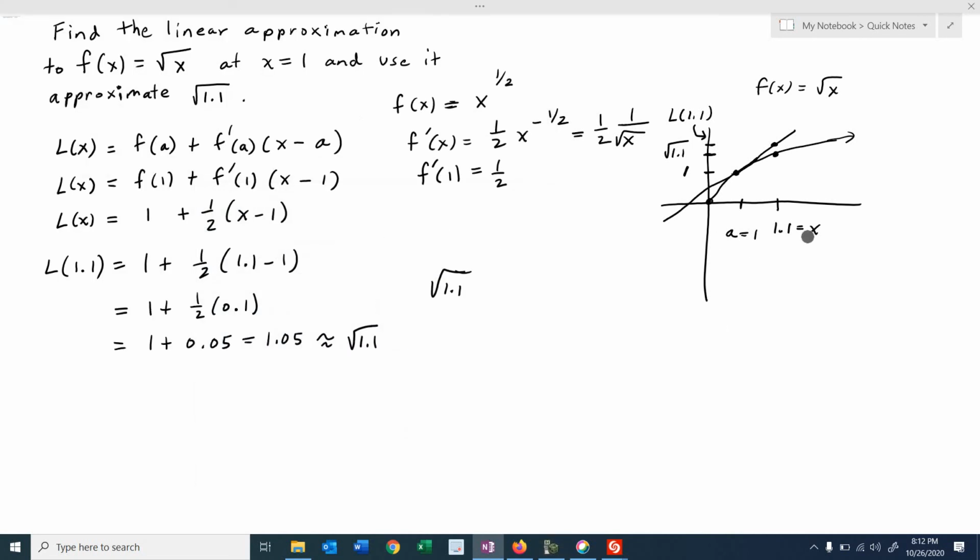And that's because this point, 1.1, is not that far away from our a value, which is 1. Now, the further you get away, the worse the approximation is going to be. As long as you pick points near a, in this case 1, this is going to be a fairly good approximation.